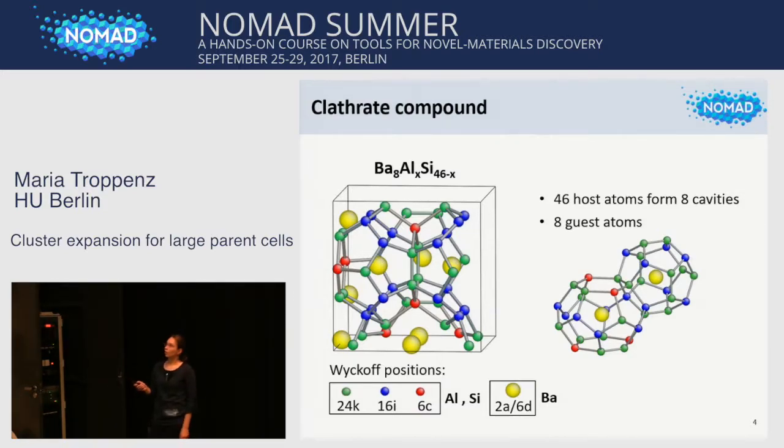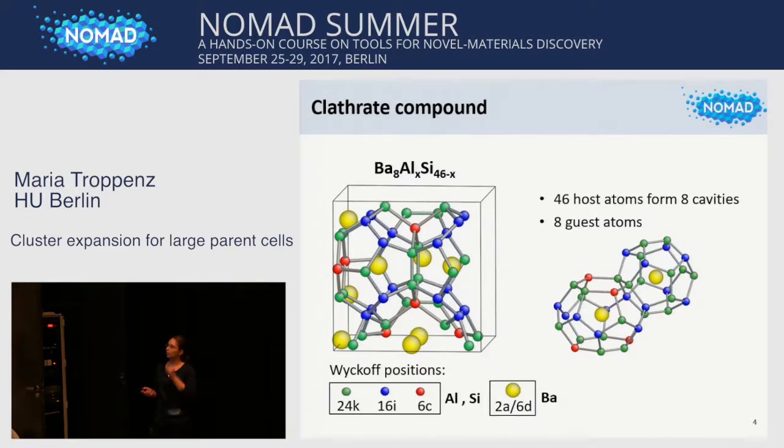The clathrate compound of type 1 has a complex unit cell consisting of 54 atoms. It has a host structure forming 8 cages. The host structure consists of 46 substitution sites sitting at 3 different Wyckoff sites, the 24k in green, the 16i in blue, and the 6c in red.